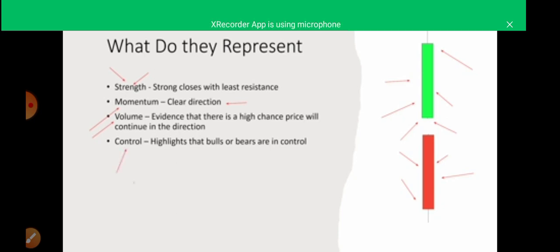This clearly identifies to us that the bulls or the bears are in control. Comparable to our indecision candles or our wick rejection candles, we can clearly see here that either the bulls or the bears are in control of the market, which should give you a lot more confidence in terms of the direction you wish to take your trades. So let's move on to the next slide.